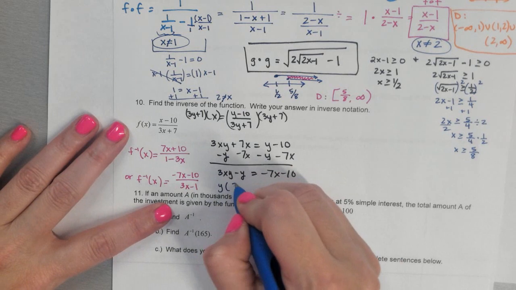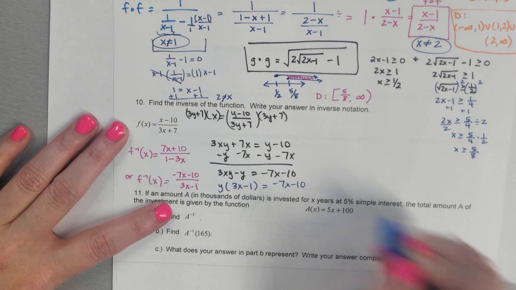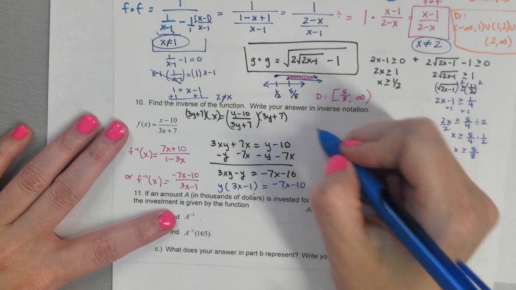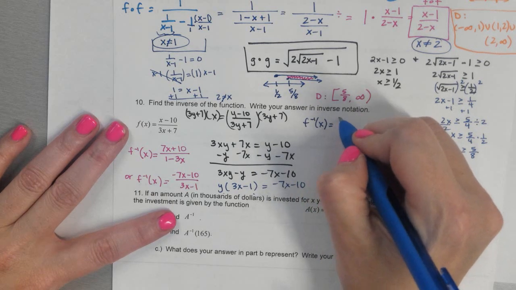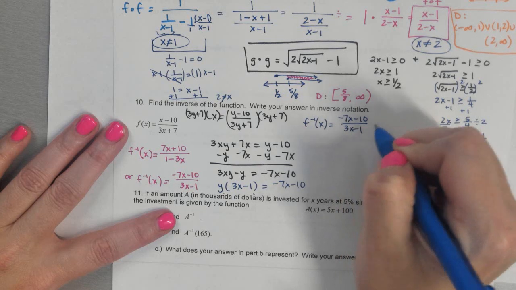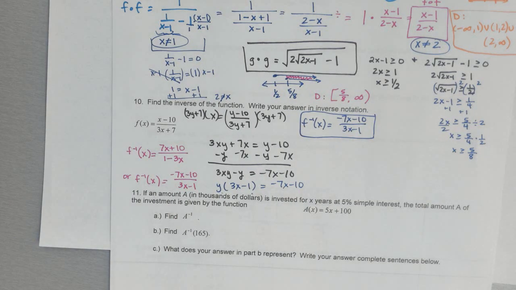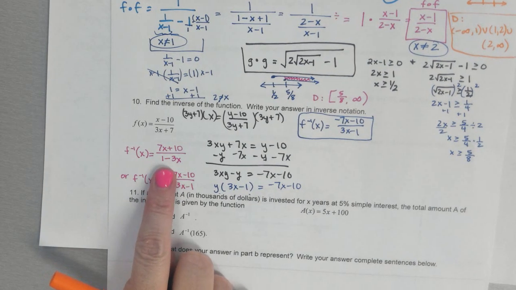So you have to factor out the y. And then your last step is going to be to divide. Okay, so that's where you would get the f inverse equals negative 7x minus 10 over 3x minus 1. Okay? If you move the x's to the other side, that's when you would get this. And that's fine too.